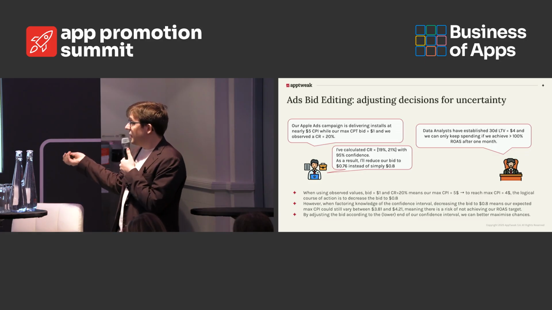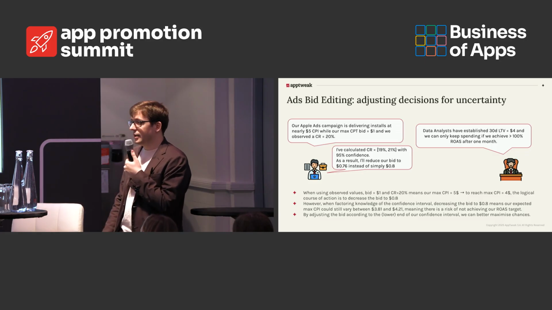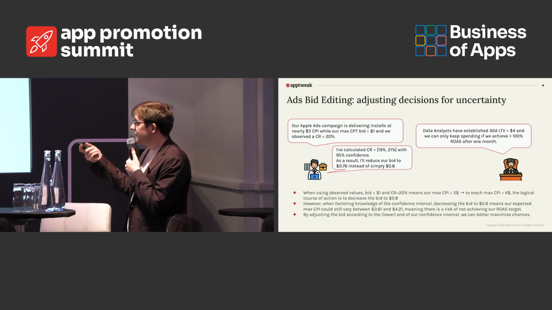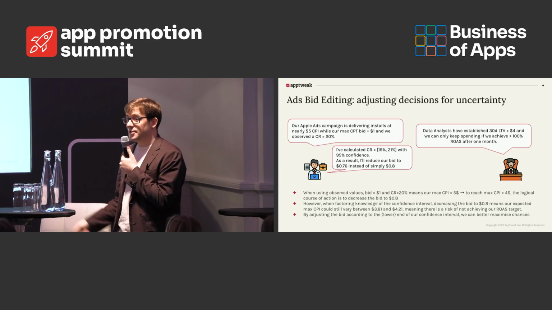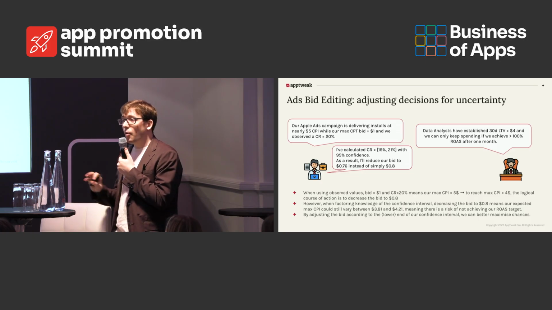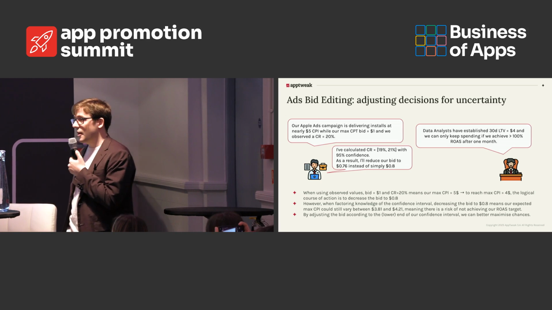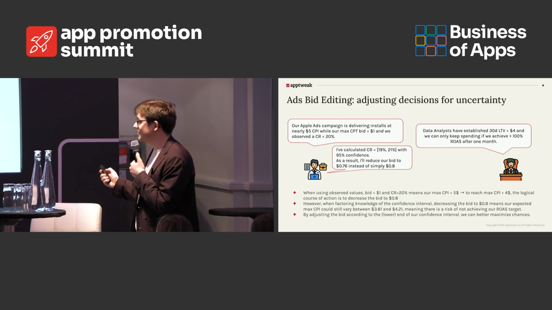So what can I do instead? I can take that information, use very basic math, and figure out that actually if I bid 0.76 instead, then I'm always going to be in my green scenario and have a happy boss.